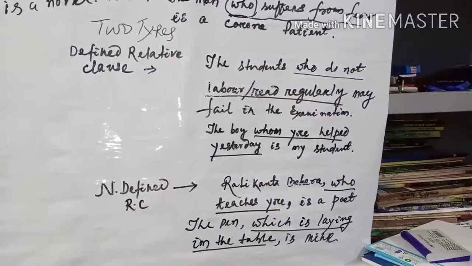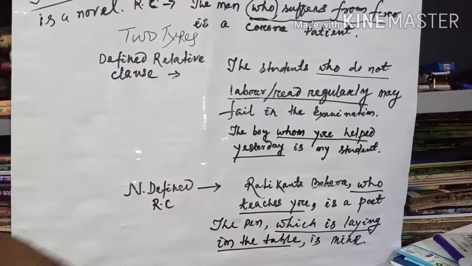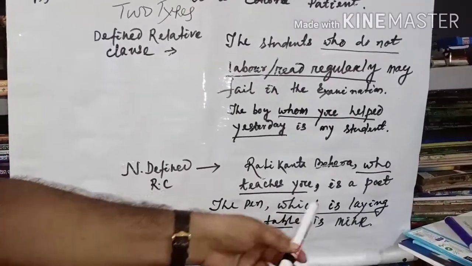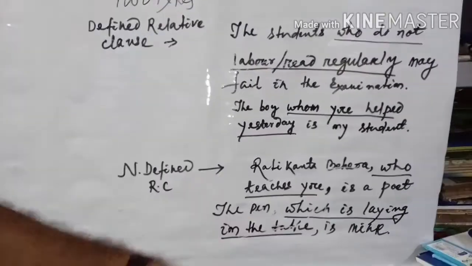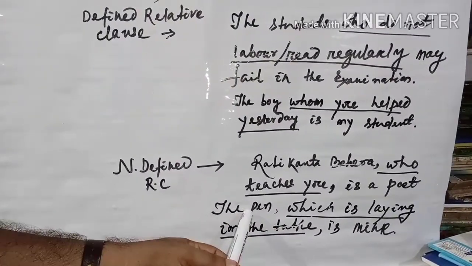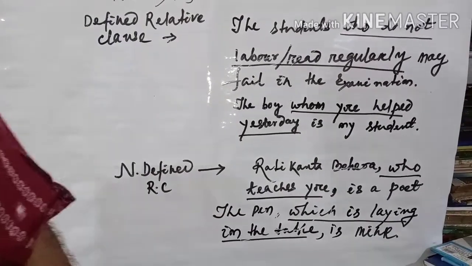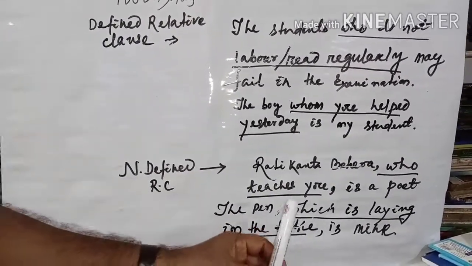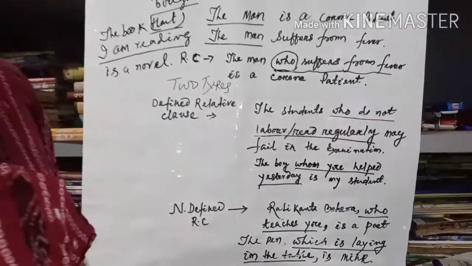Another example I may cite: the pen, which is lying on the table, is mine. Which is lying on the table is within commas. And the principal clause is the pen is mine. The question is, why is this called non-defined relative clause?